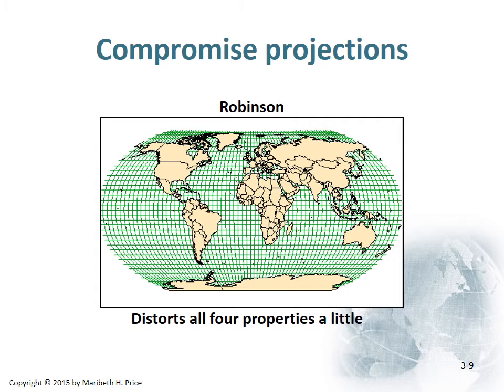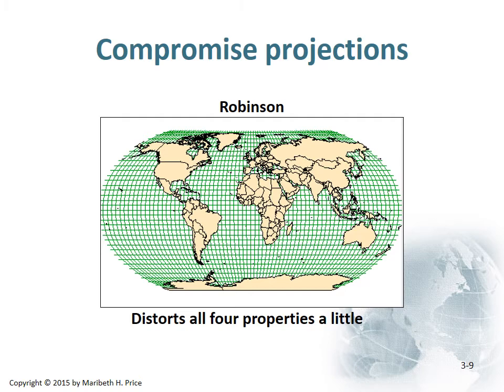The compromise is that we're allowing a certain amount of distortion for everything, but it's minimizing that distortion as much as it can in order to show area, distance, shape, and direction fairly well as we can, given the mathematical properties and geometrical properties of two dimensions and the limitations that we always have in showing two dimensions that are representing a three-dimensional reality. So the Robinson is a really good example of this.